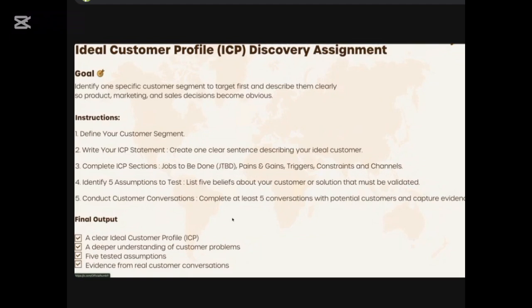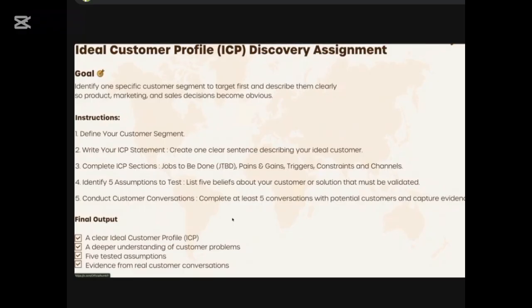You can have it in your own way, but it should be simple like this. Then complete your ideal customer profile section: jobs to be done, pains and gains, what usually triggers the sentiment of this customer, what could be a constraint, and what channels you want to use to reach these customers. Pick an easy channel, and then we do it.